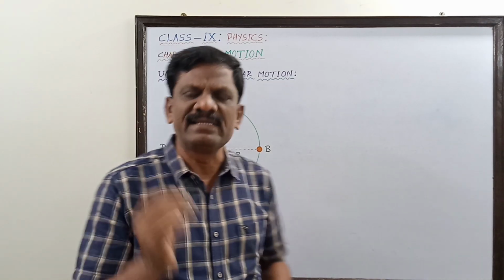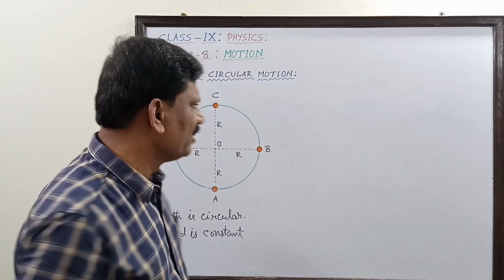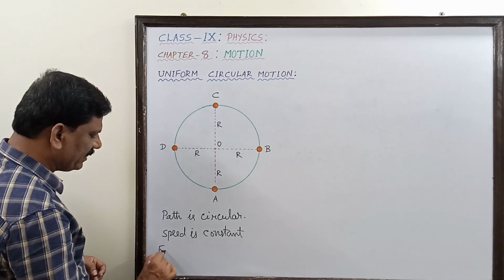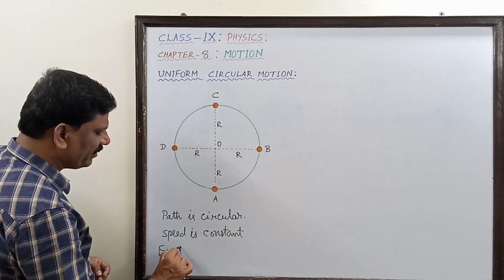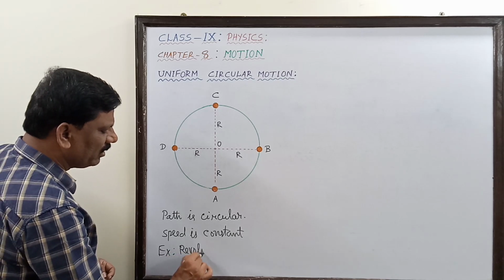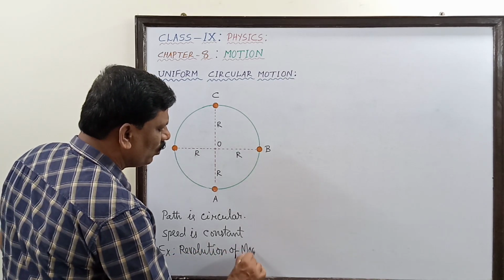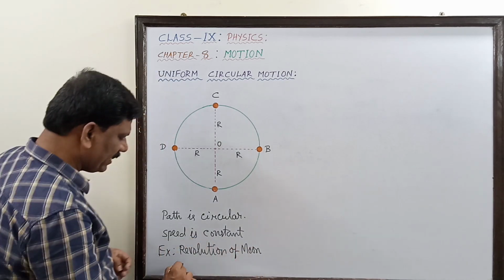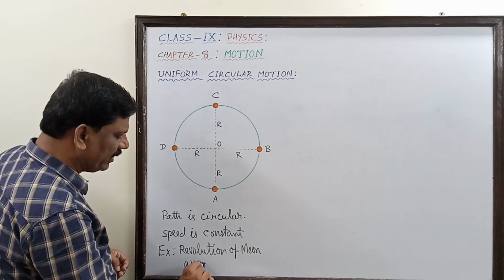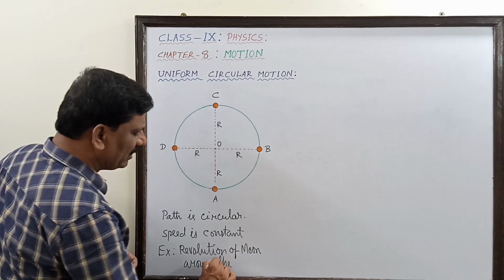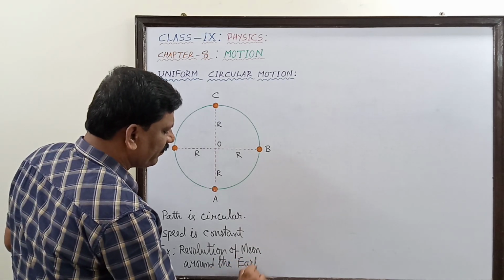Now, the best examples for uniform circular motion: the revolution of the moon around the earth. This is uniform circular motion.